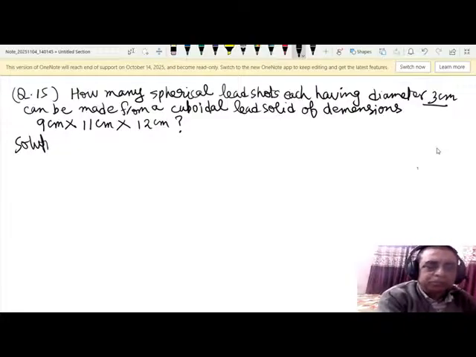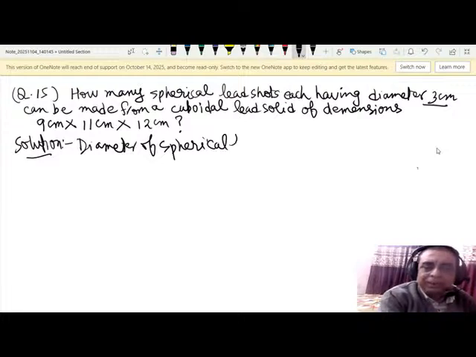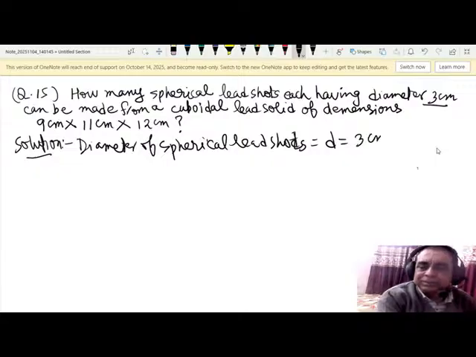You pay attention. Here it is given to us the diameter of the spherical lead shots. I am denoting the diameter by the letter D. It is given to us as 3 centimeter.